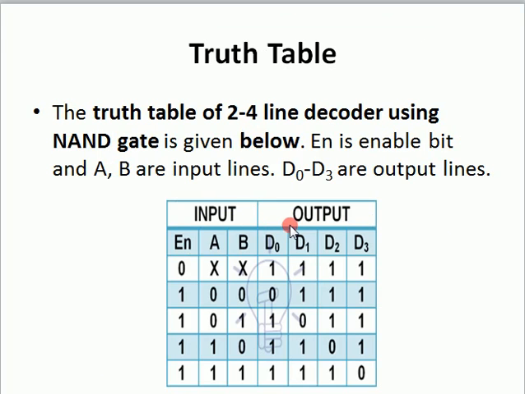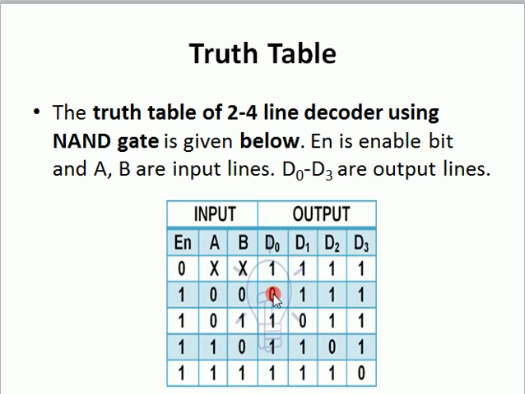So the truth table for a 2 to 4 line decoder using NAND gates is here. In this, one is the enable input and the other 2 inputs are A and B, and D0, D1, D2 and D3 are the output lines. When the enable input is 0, all 4 outputs D0, D1, D2 and D3 will be equal to 1, as it is the inverse of the AND gate. Now in the next 4 combinations the enable input is 1. First we have 0, 0.